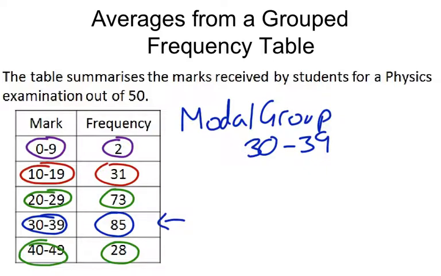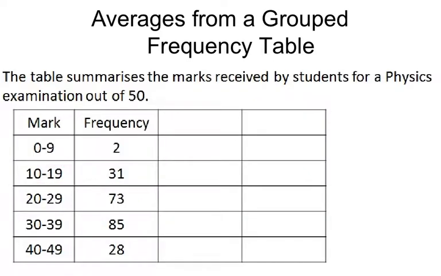So let's have a look now at the mean and the median, and for both of these we're going to need an extra column. For the mean we actually need 2 extra columns in this case. Just like for a normal frequency table, we want to multiply the mark by the frequency to get the total marks for that group.